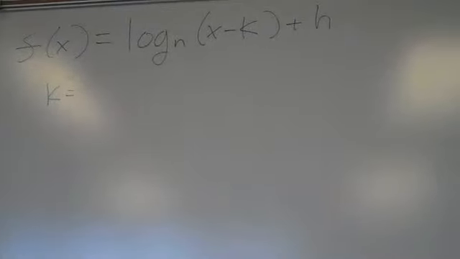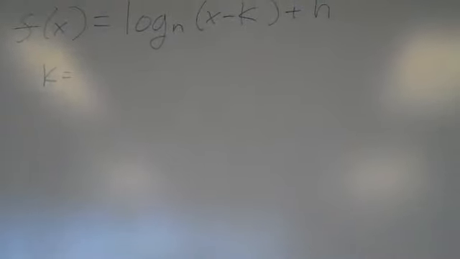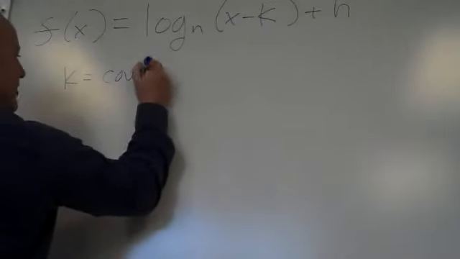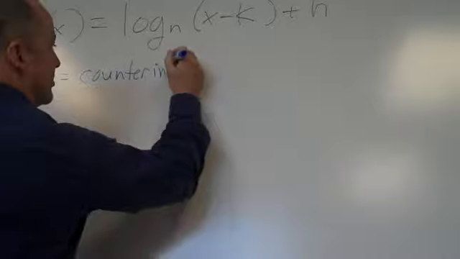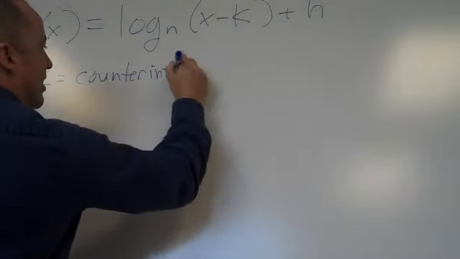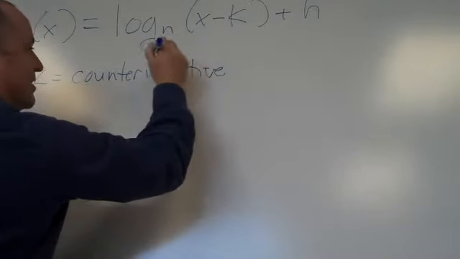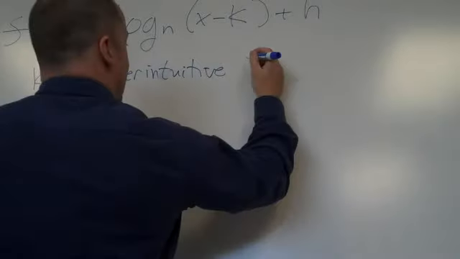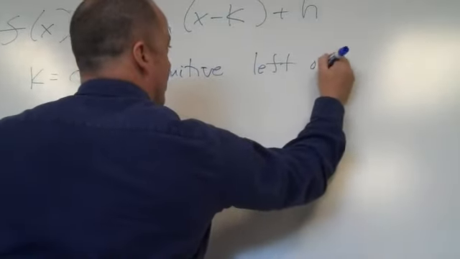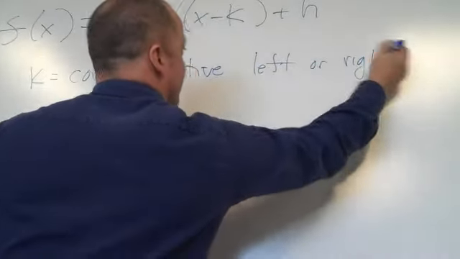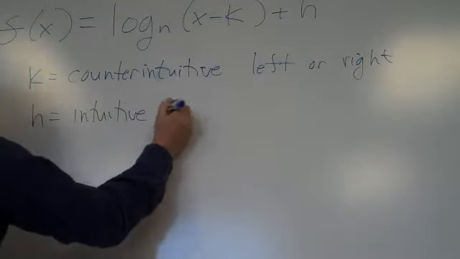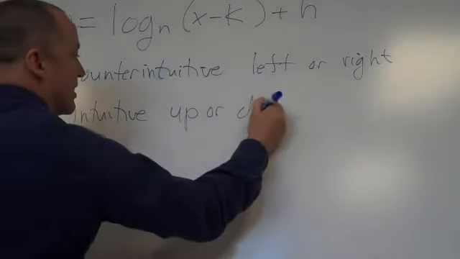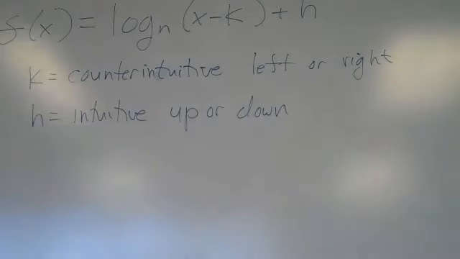Shift it right or left. Counterintuitive. K for counterintuitive, which I can no longer spell. Why is it a C? It should be, actually. Counterintuitive, left or right. H is intuitive, up or down as usual. Keep in mind this also moves the asymptote.